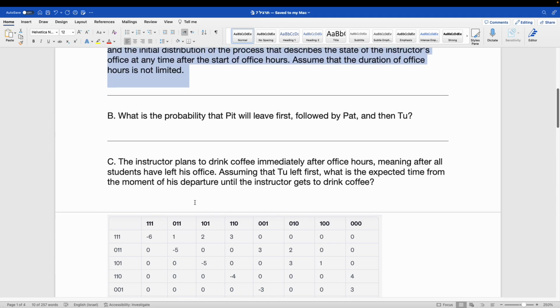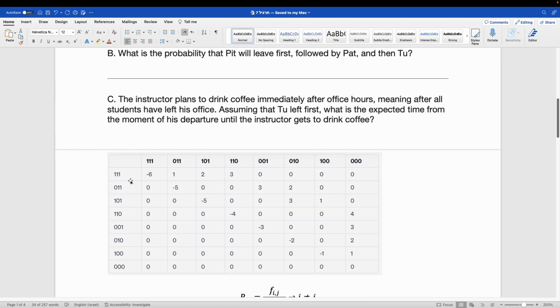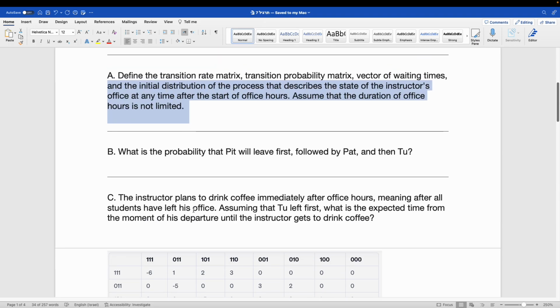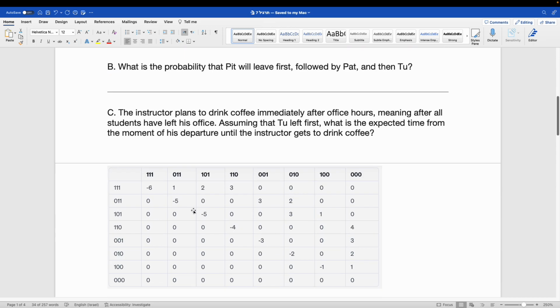Okay, so first of all, let's look at the first section. This is called the Q matrix, which will give us only the transition rate from each state, and on the diagonal will be the negative sum of all the rates.